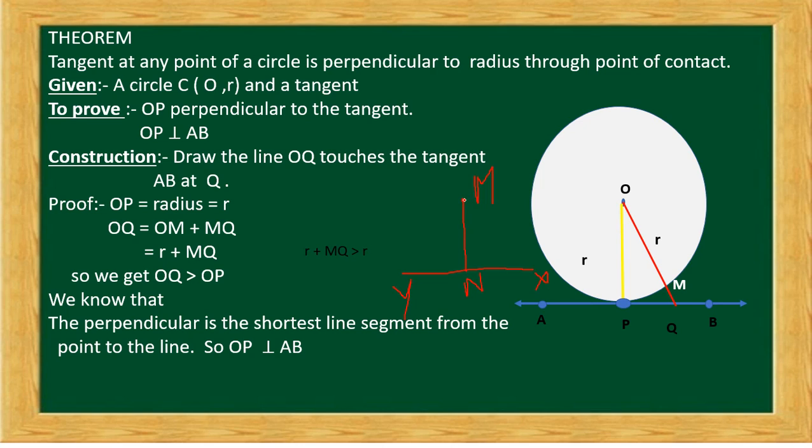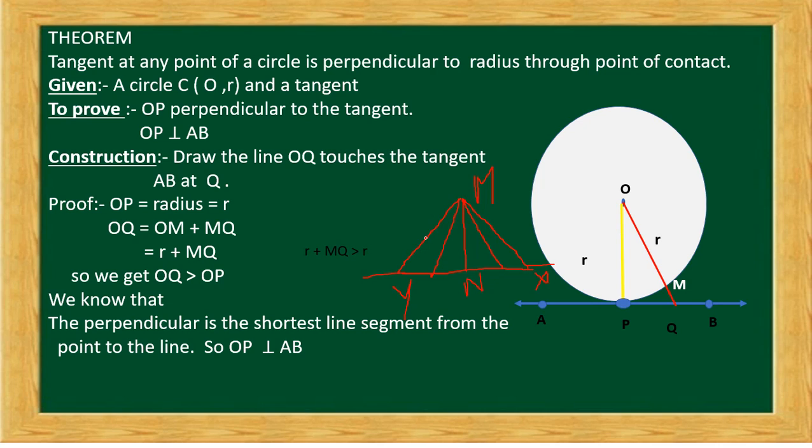How is it shortest? When we join this point M to other points on the line XY, we observe that MN is the shortest distance among all these points on the line XY. So here we can say this shortest distance MN is the perpendicular to the given line XY.